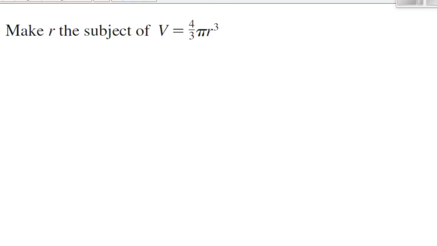Here's another example, our last example. We want to make r the subject, so circle r, and r is cubed, so we circle that as well, and then it's multiplied by 4/3 pi.